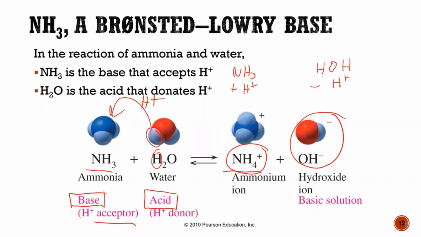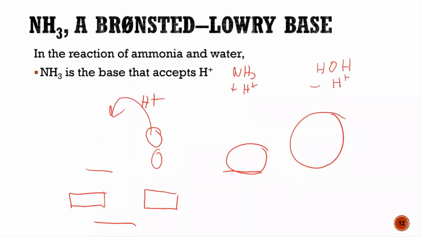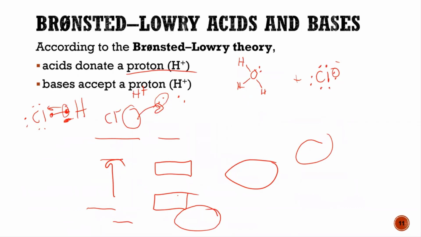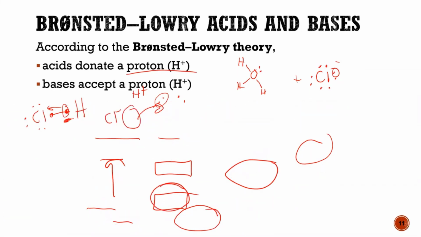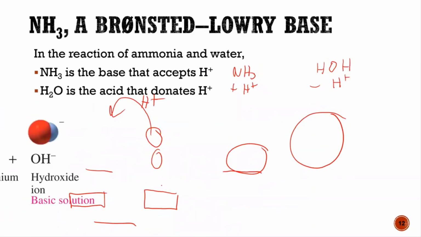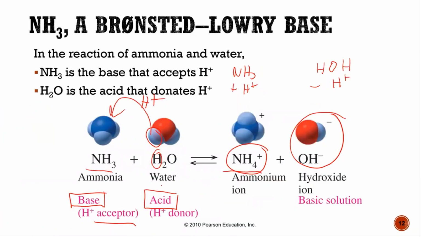So in the last slide, water behaved as a base. In this slide, water is behaving as an acid. Why? Well, it depends on what water is next to. If water is by a base, it behaves like an acid.